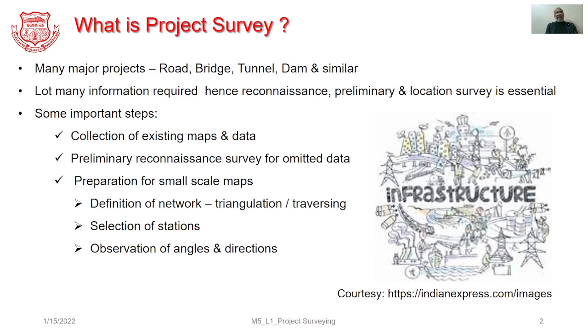Based on the collected data, as well as the reconnaissance survey and the information collected through these preliminary surveys, one can prepare some small scale maps. And this will be very useful in order to define the various networks in the form of triangulation networks or traversing networks.